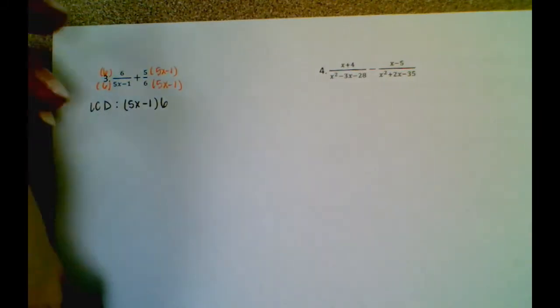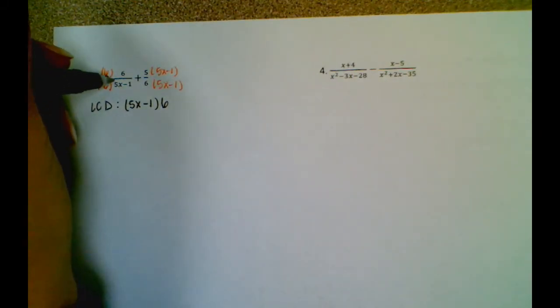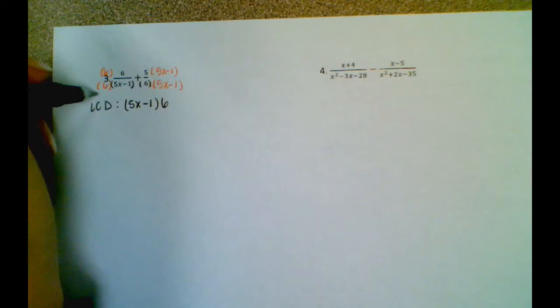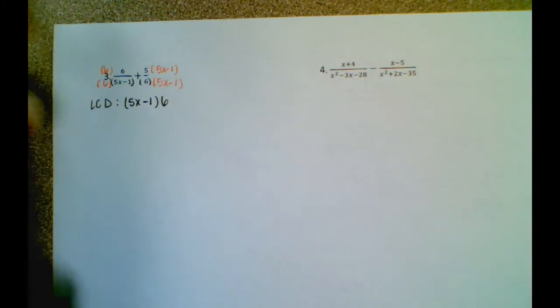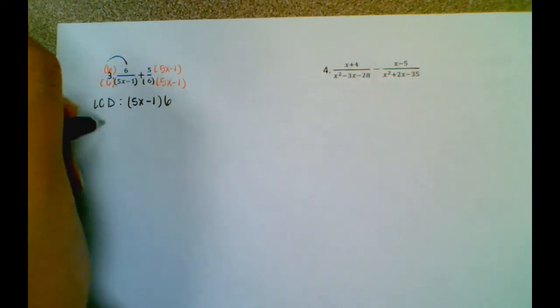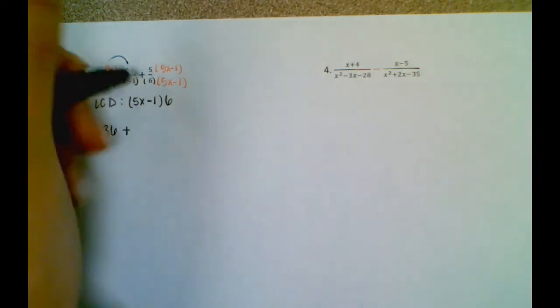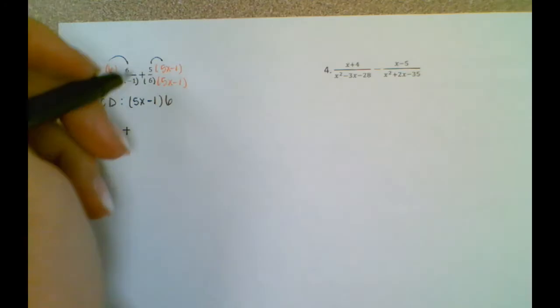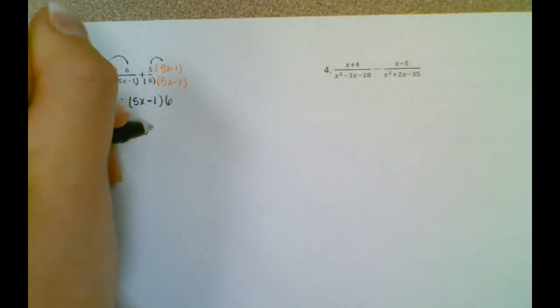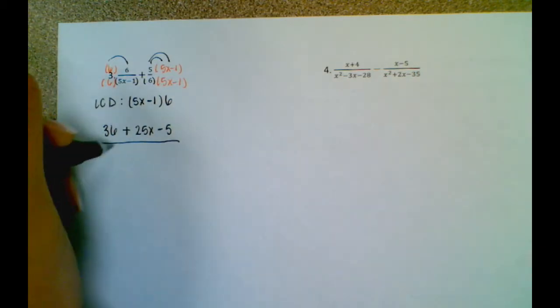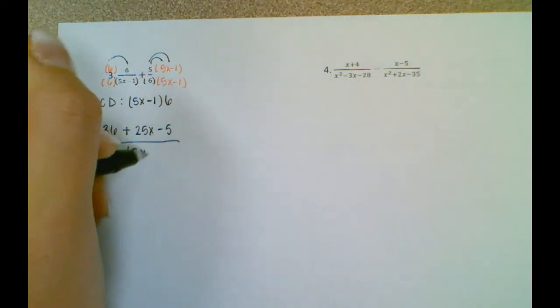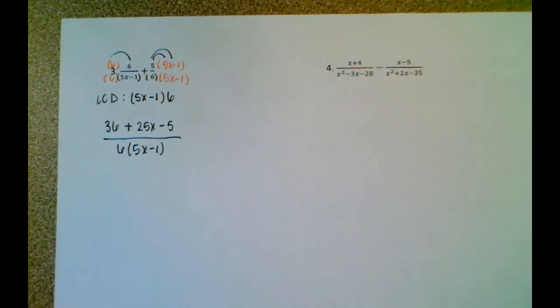So, now that these have the same denominators, you guys see that? Yeah. Now I can combine their numerators. So 6 times 6 is 36, plus, because it's a plus sign, 5 times 5x is 25x. 5 times negative 1 is negative 5, all over this guy, the denominator.